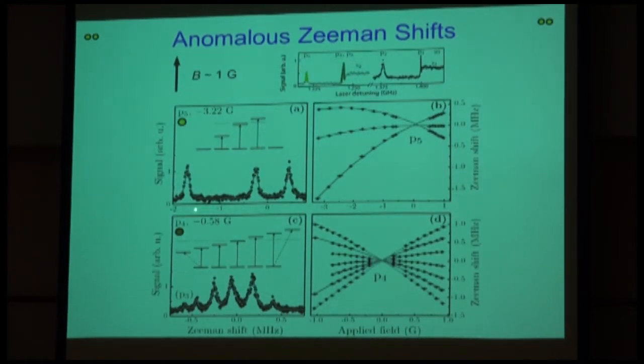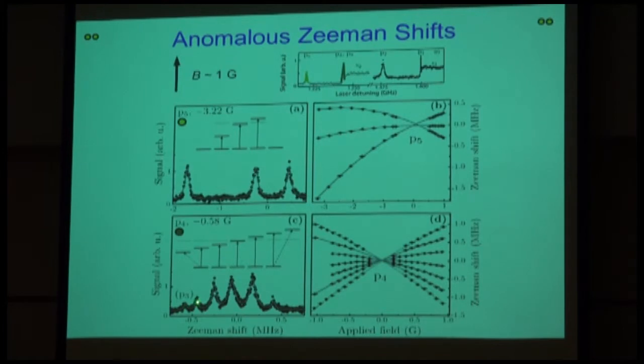So this one here, and this one down here, and these are taken under a weak applied magnetic field, just on the order of a Gauss here, about 3 Gauss here, less than 1. And even at these very weak fields, you can see extreme asymmetry in the Zeeman splitting.